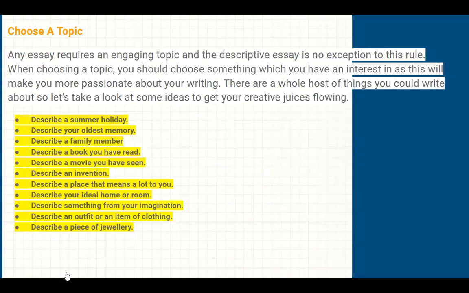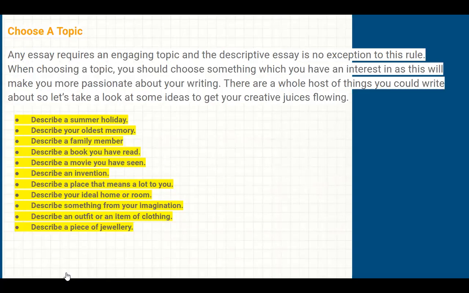Now, while choosing a topic, the essay will be much more readable and interesting if you choose a topic which is engaging. For a descriptive essay, we have to have a topic. Whatever kind of essay, we need to talk about a proposition, a conflict, or any discussion in motion.